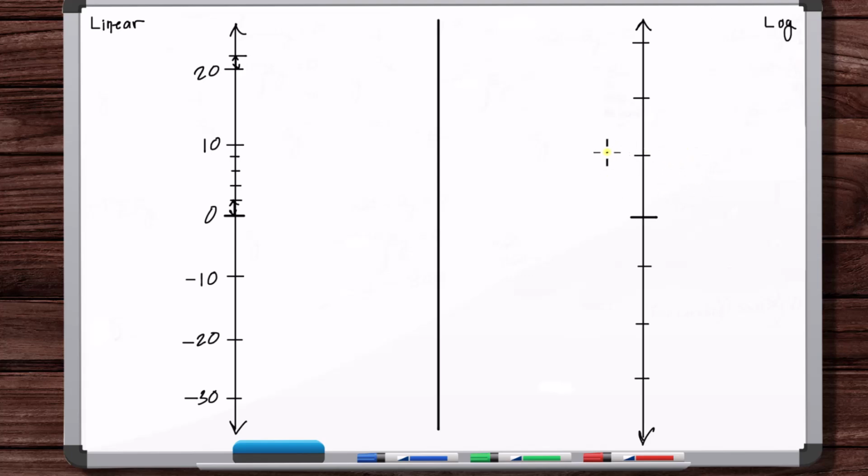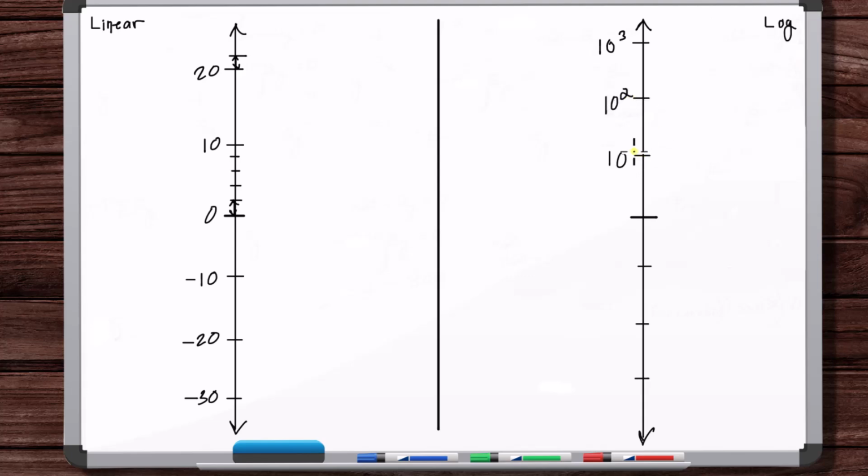So, okay, if this is 10 here, then when you go from this tick mark to this tick mark, you don't add 10, you multiply by 10. When you go from this tick mark to this tick mark, you multiply by 10. Okay, and then you go in the other direction, you divide by 10. You don't subtract 10, you divide by 10. So 10 to the third divided by 10 is 10 squared. 10 squared divided by 10 is 10.